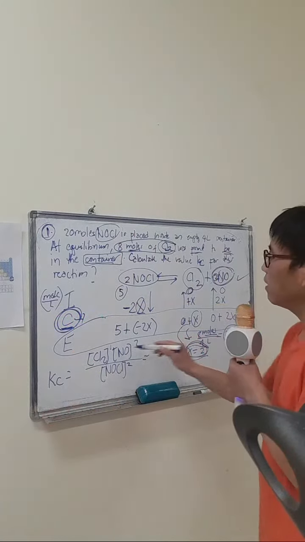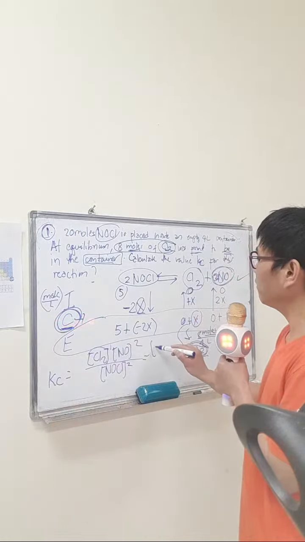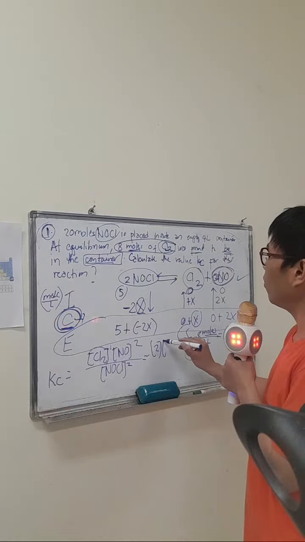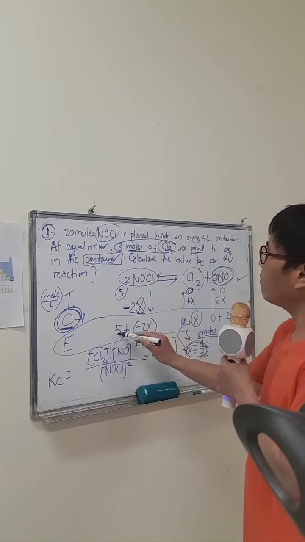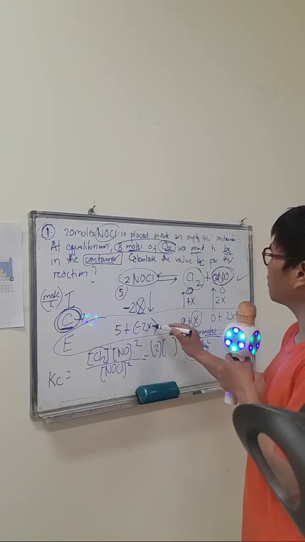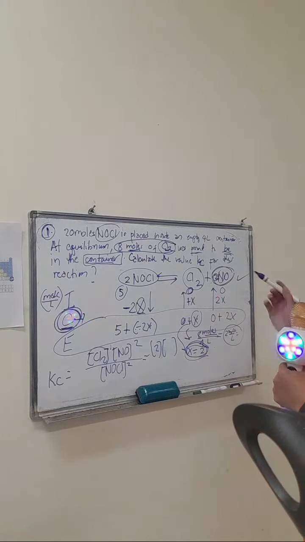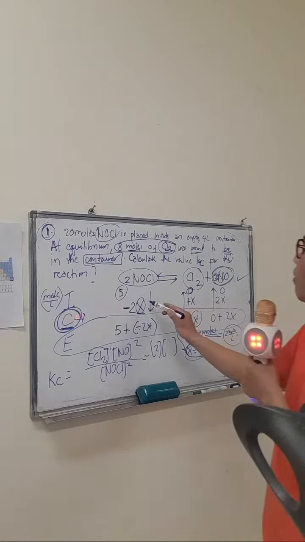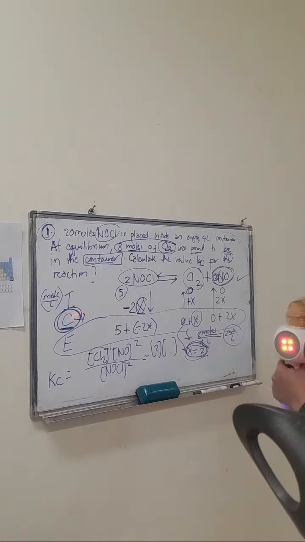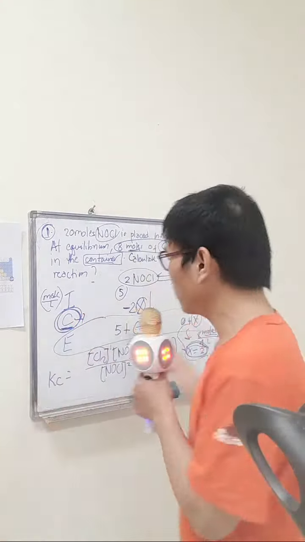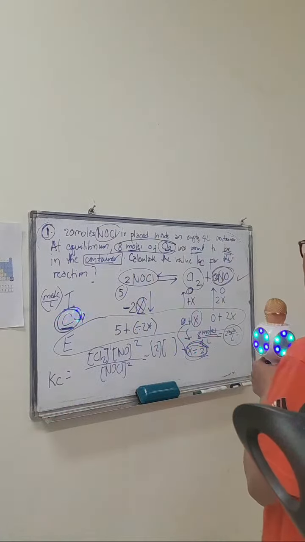Substitute chlorine, 2. And then your NO, how can you compute it? It's 5 plus or minus 2x. So x is your 2, so 5 minus 4. Because the x here also represents the totality, because you are using the same variable, of course, unless it is x, y, z.